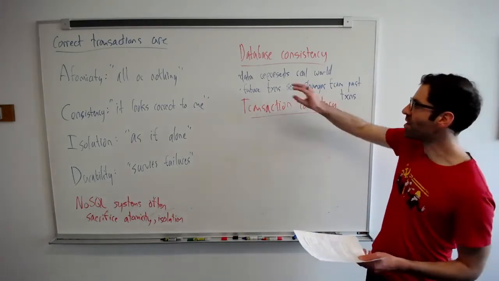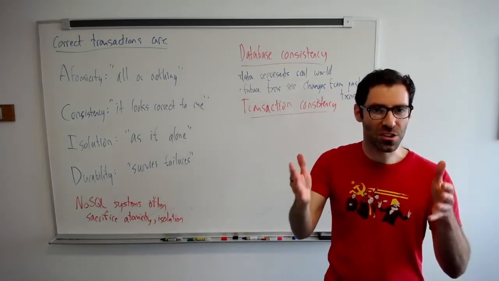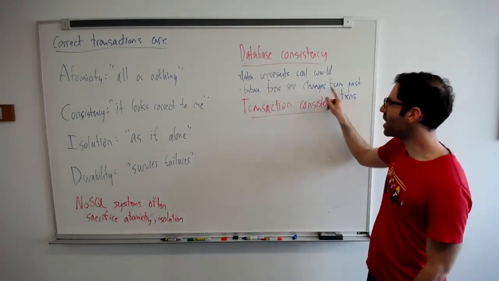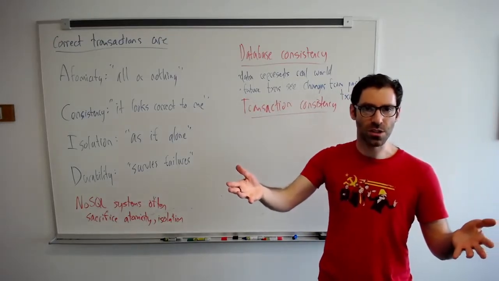If we just have our database stored in a single place, a single file, this is pretty trivial: when we make changes to that file, future transactions are going to see it.